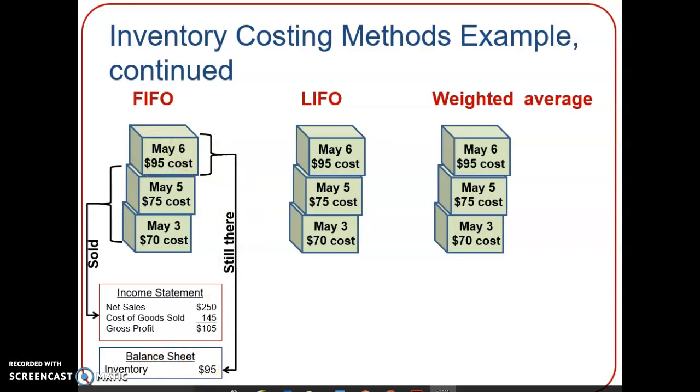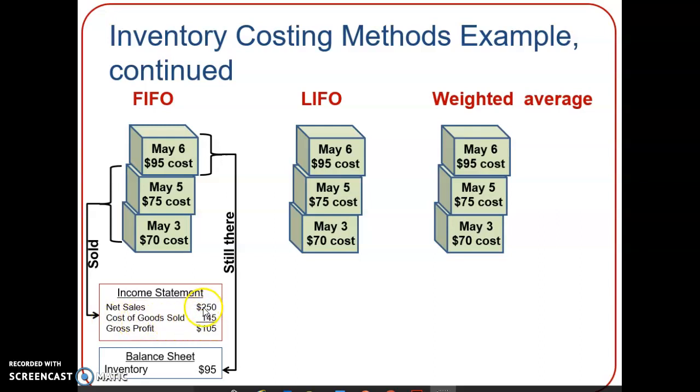Okay, let me repeat that. The FIFO system makes an assumption that the inventory items that first come into, you can view this as a storage place, will be sold out to customers first. So in our case, when we sold 2 out of 3, the 2 must come from the first ones, or in terms of the time sequence, the earlier 2.